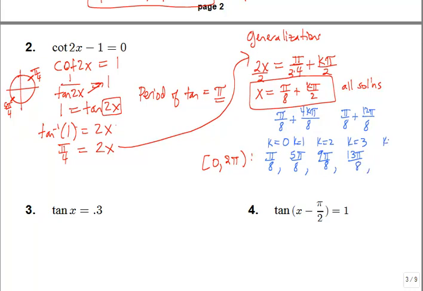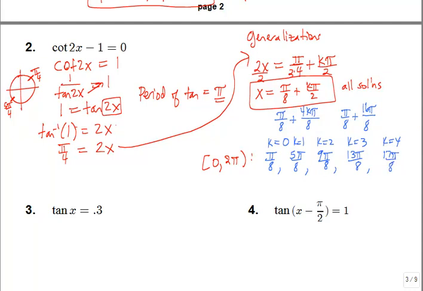Let's let k be 4. If I let k be 4, 4 times 4 is 16, so that is going to make this 16 pi over 8 plus pi over 8, which would be 17 pi over 8.